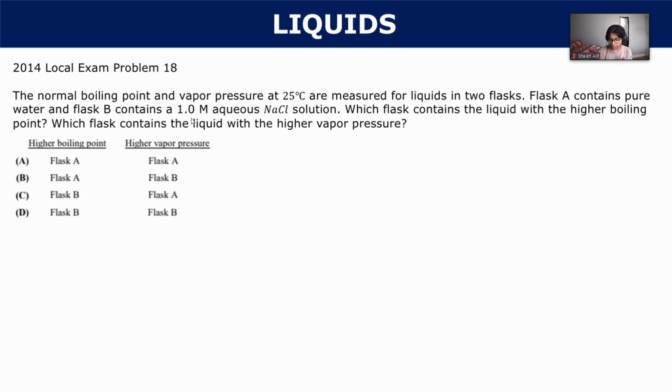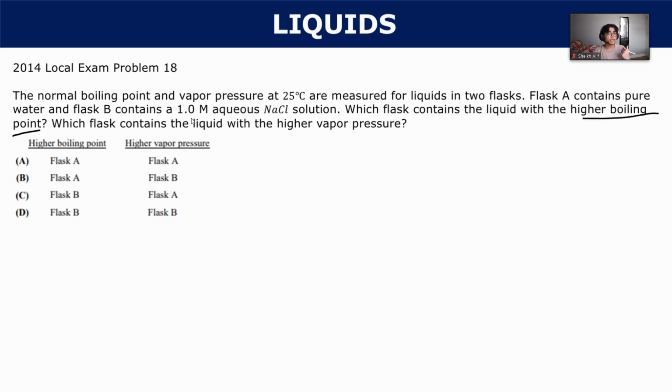The normal boiling point and vapor pressure at 25 degrees Celsius are measured for liquids in 2 flasks. Flask A contains pure water and flask B contains 1 molar aqueous NaCl solution. Which flask contains the liquid with the higher boiling point? Which flask contains the liquid with the higher vapor pressure? Okay, so let's do the first part, the boiling point.